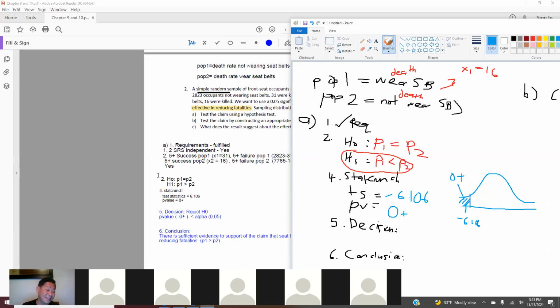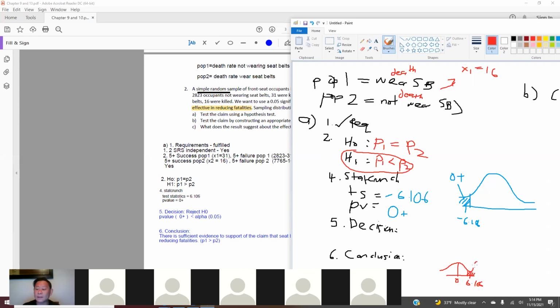If you go to the original one that we did, because you used greater than, it's a right-tail test. This will be your test statistic on the right side, because this is 0, so it will be 6 on the right side.